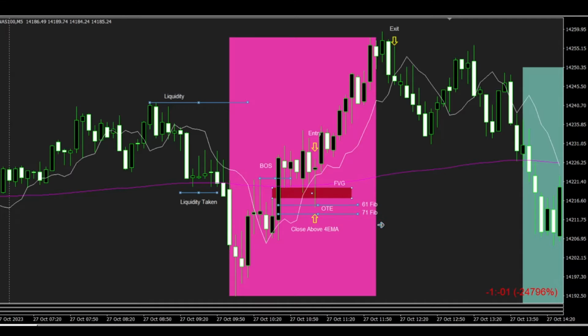There was also a fair value gap. Then price closed above the 4-period EMA. This could have been your entry. You could have also entered at the optimal trade entry. Your exit happened once price closed below the 4-period EMA.